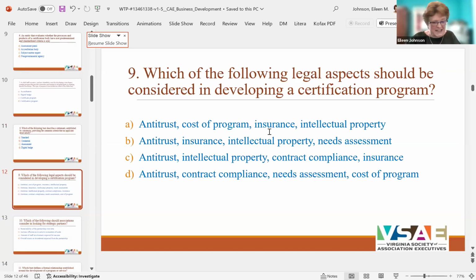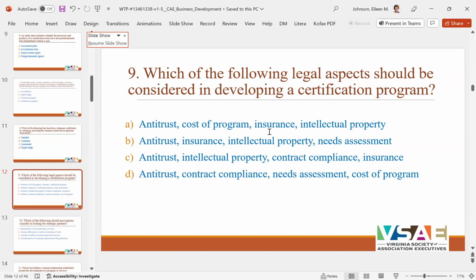Okay, 9, we're still on certifications. Which of the following legal aspects should be considered in developing a certification program? A, antitrust, cost of program, insurance, intellectual property. B, antitrust, insurance, intellectual property, needs assessment. C, antitrust, intellectual property, contract compliance, insurance. D, antitrust, contract compliance, needs assessment, cost of program.